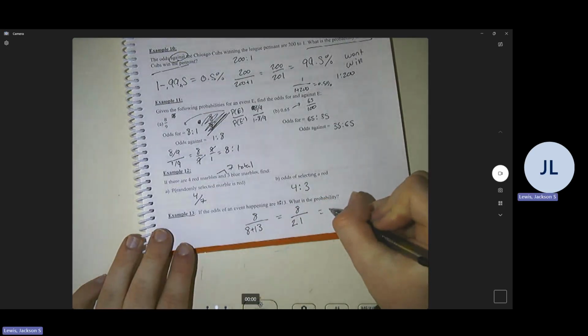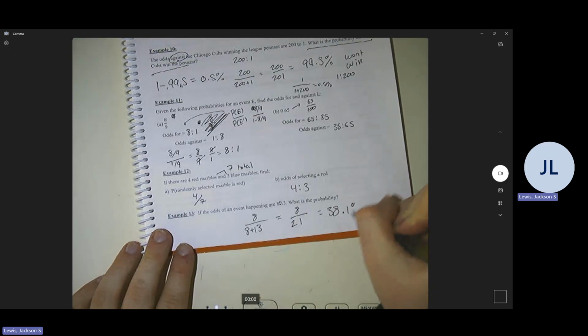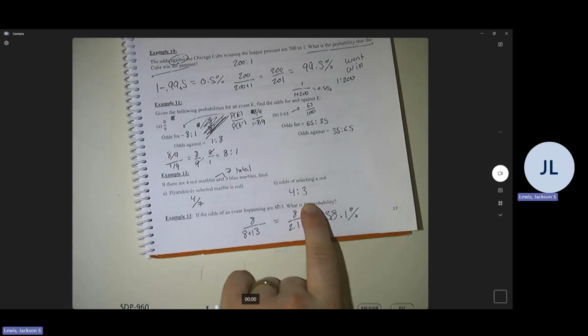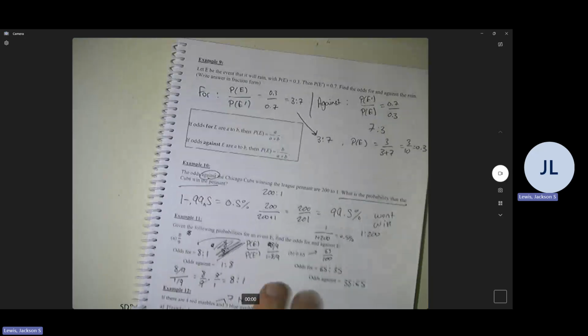And then put this into my calculator. Clear, 8 divided by 21 is 38.1%. Cool. So again, this is just re-expressing the probability as the amount of ways it will happen versus the amount of ways it won't happen. That's all odds are saying.